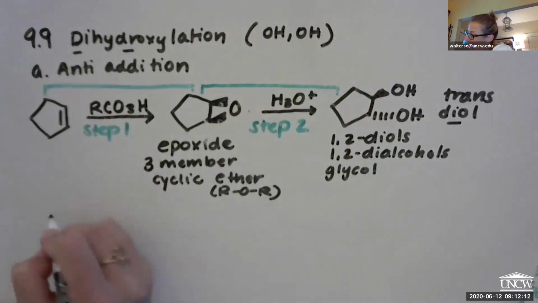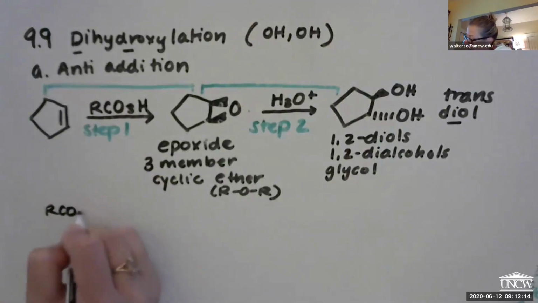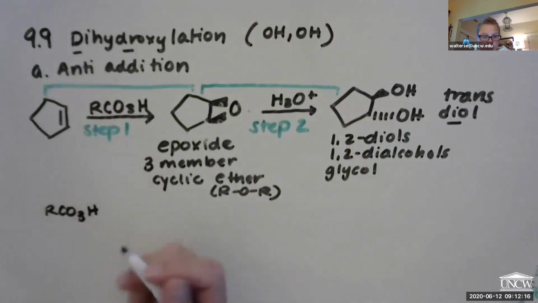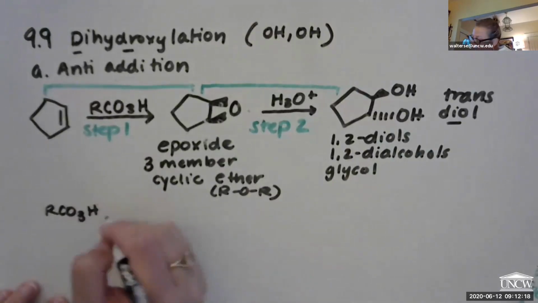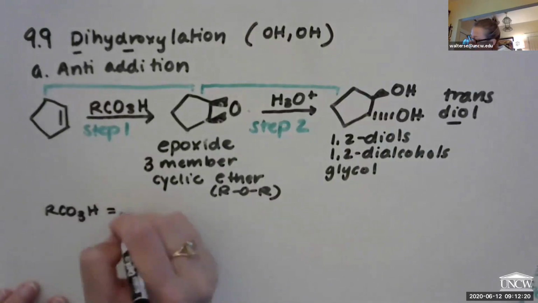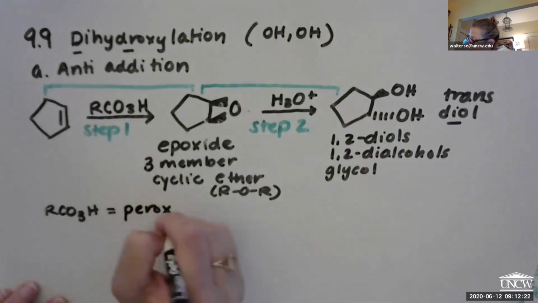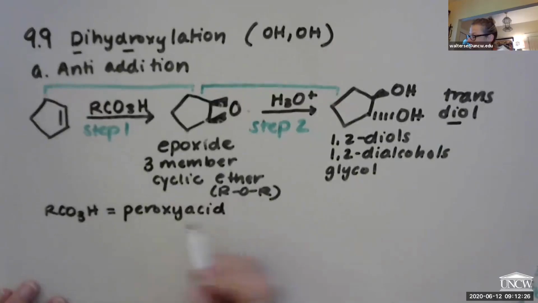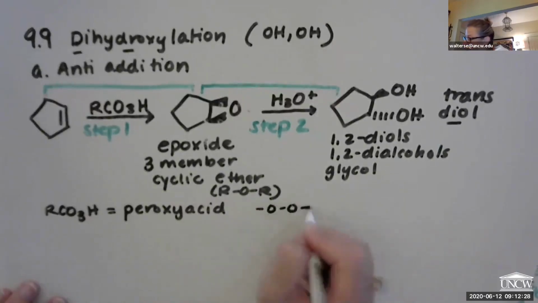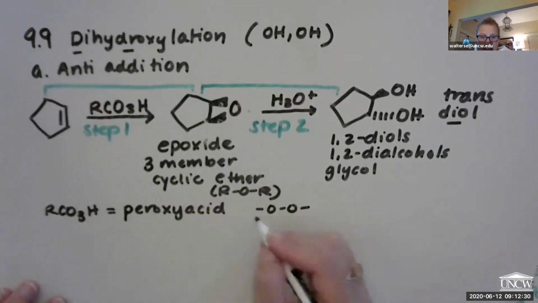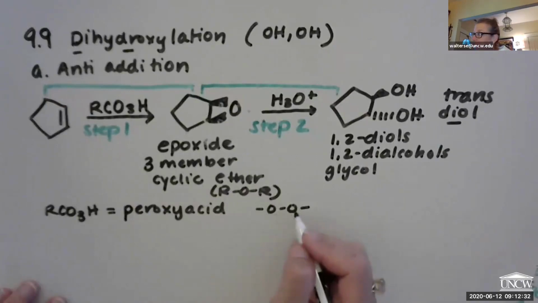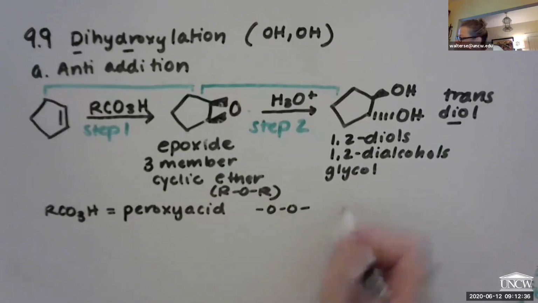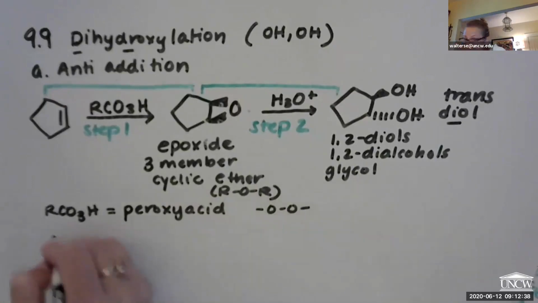All right, now this RCO3H bit is called a peroxy acid. Peroxides always have a structure that looks like this, an oxygen single bonded to an oxygen. Now the most commonly used one is MCPBA.